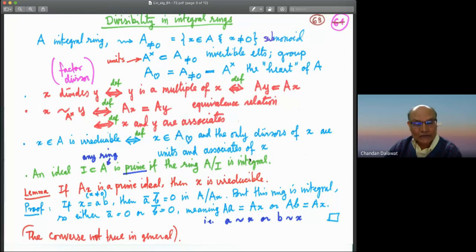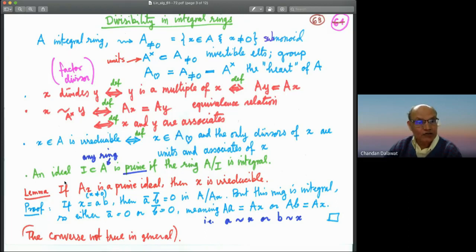And of course, all associates of x will also divide x, because x is a multiple of its associate. If the associate is u times x, then x is u inverse times u x. u is a unit, so it has an inverse. Okay, so that's one definition.